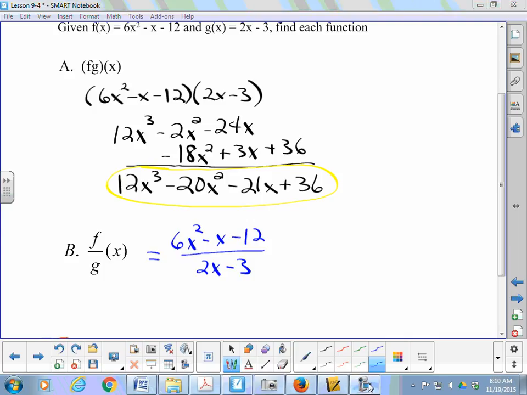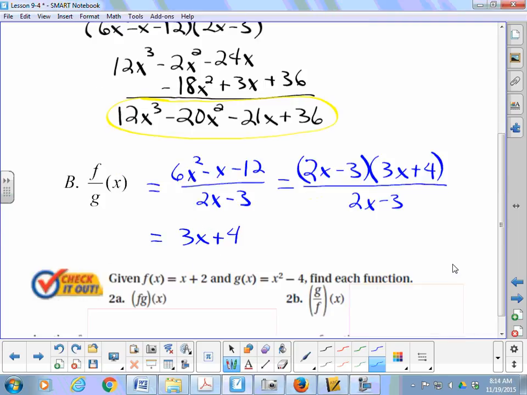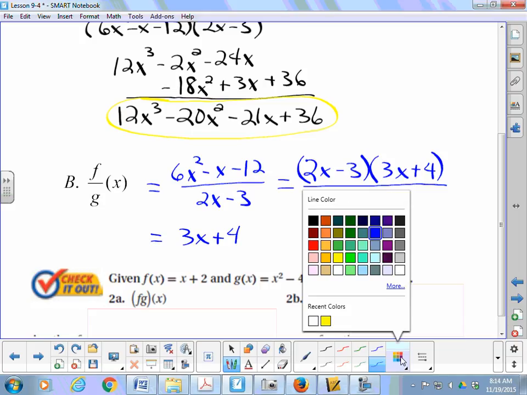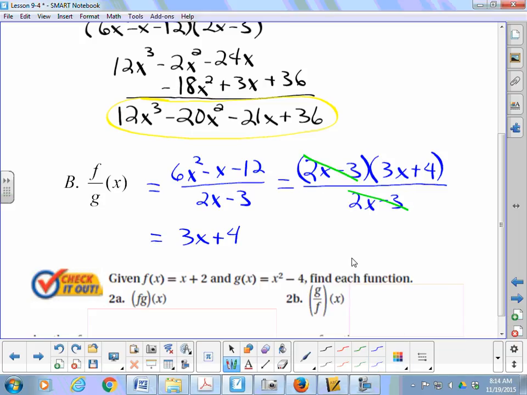All right, so I'll give you a minute. When I do my factoring, then we can cancel the 2x minus 3's. And then x cannot equal where the denominator is equal to 0. So that means I've got to take the 2x minus 3 and set it equal to 0 and solve.